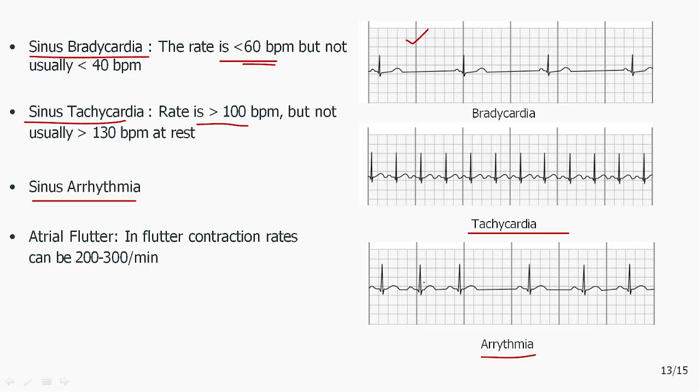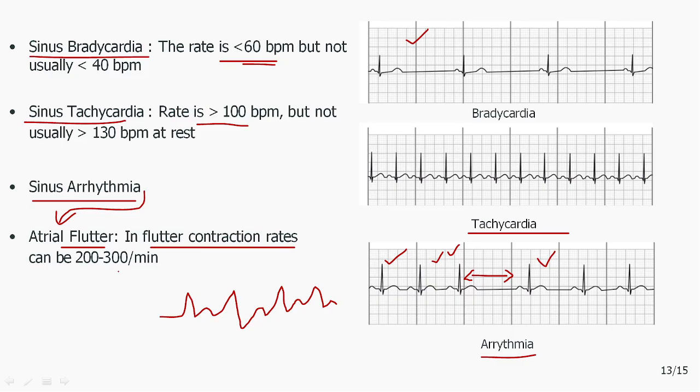Here you mark the repetition: here we have 1, but the repetition is twice, then there is no pulse here, then again a pulse. So this is arrhythmia. One of the arrhythmias we can call atrial flutter. The waveform is like this. When this occurs, the flutter contraction rate can be 200 to 300 per minute, so high.